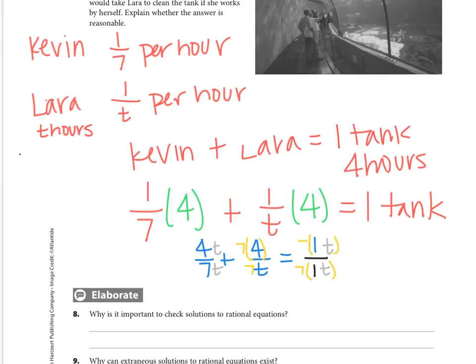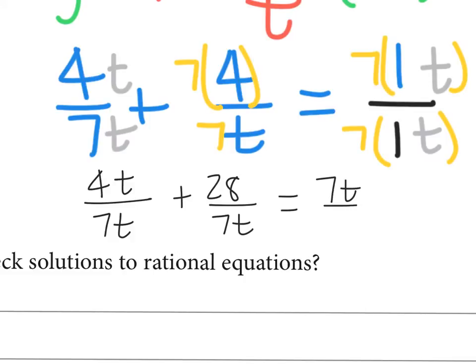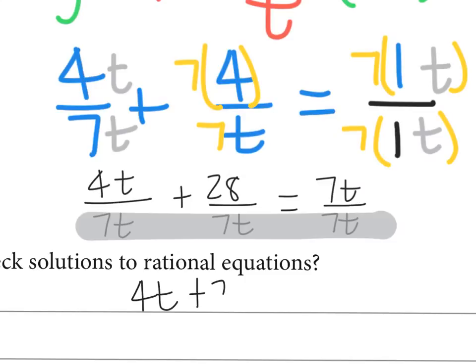Now I rewrite my problem: 4T over 7T plus 28 over 7T equals 7T over 7T. Since all my denominators are exactly the same, I can ignore the denominators and focus on my numerators, which says that 4T plus 28 equals 7T.